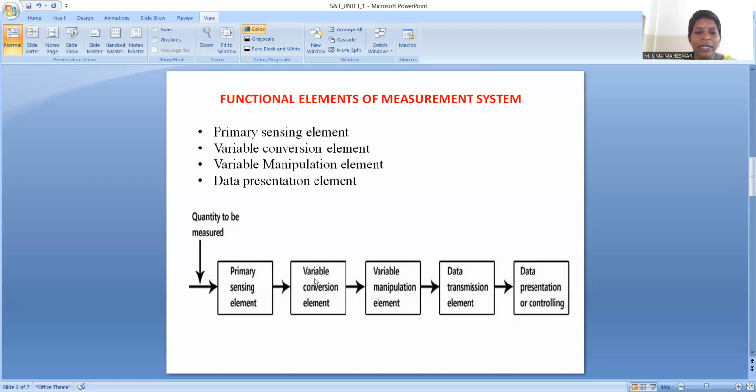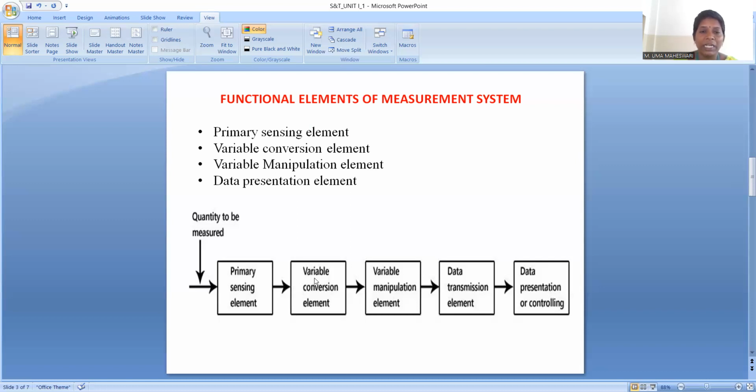So this element performs a desired function. It converts the output into a form suitable for the remaining part of the system. Say for example, if it is an analog signal from the first stage and the next stage needs a digital signal, then we use an analog to digital conversion here as a variable conversion element.